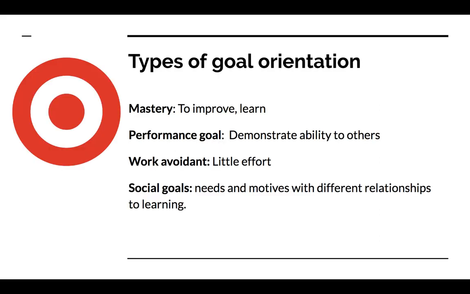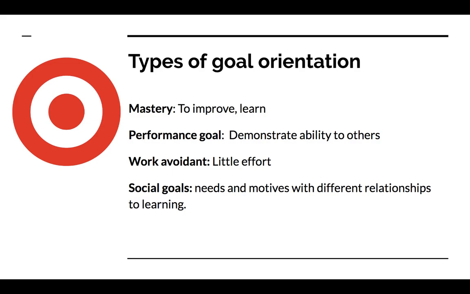So right now I want to spend some time looking at goal orientation. There are four important goal orientations that educational psychologists have identified, and these are the things that motivate students. None of us are completely motivated in one direction. We're all a mix, but some of us have more dominant goal orientations than others.